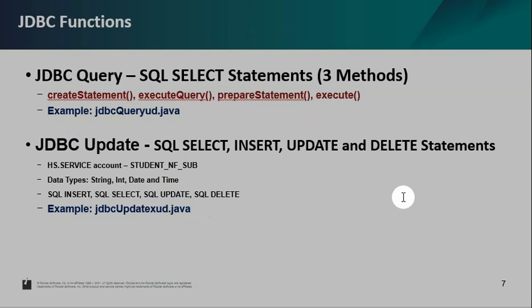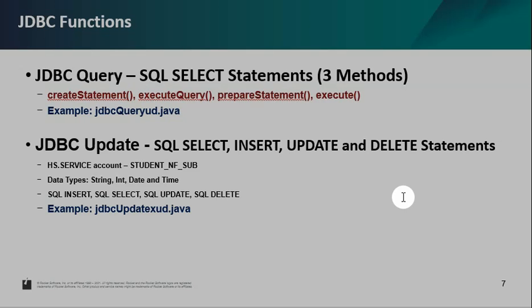For the JDBC function, most likely you will use query. Query actually provides three different ways. You can create a statement and just put in a SQL statement to get the data and get the result set back. Another way is to bind in the parameters and use a SQL query, or use a prepared statement. I created one simple Java JDBC program to demo the function, called the JDBCQueryUD.java file.